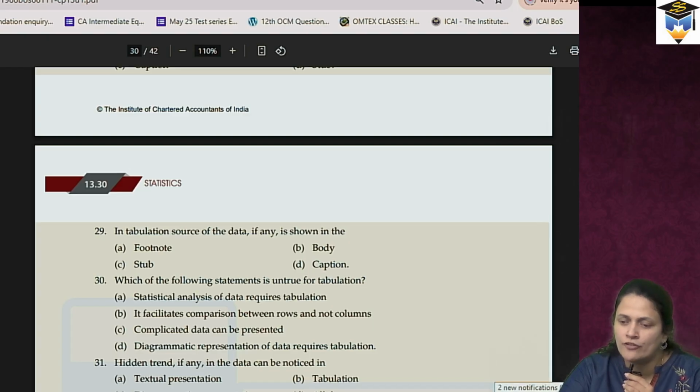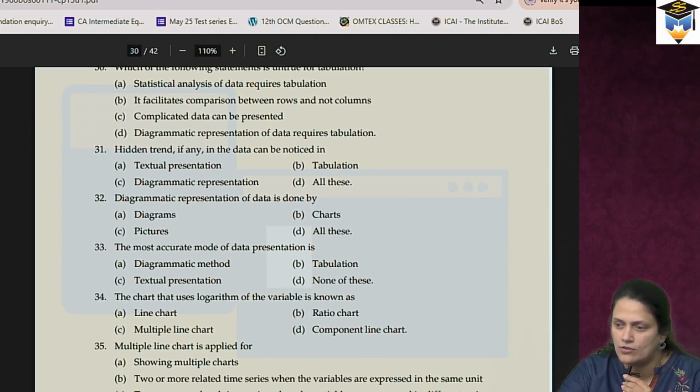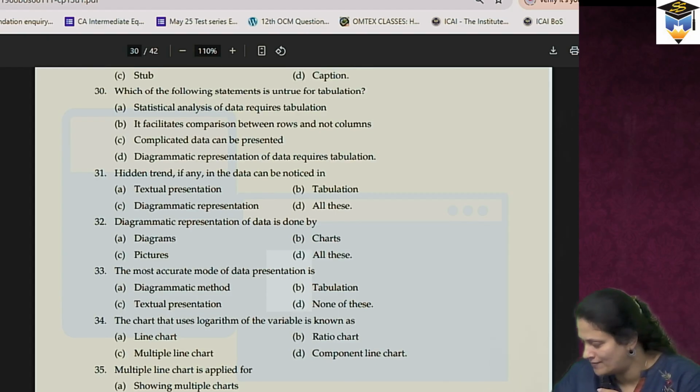30th, which of the following statements is untrue for tabulation? I'll give you 5 minutes to do 30th to 35. Do it.